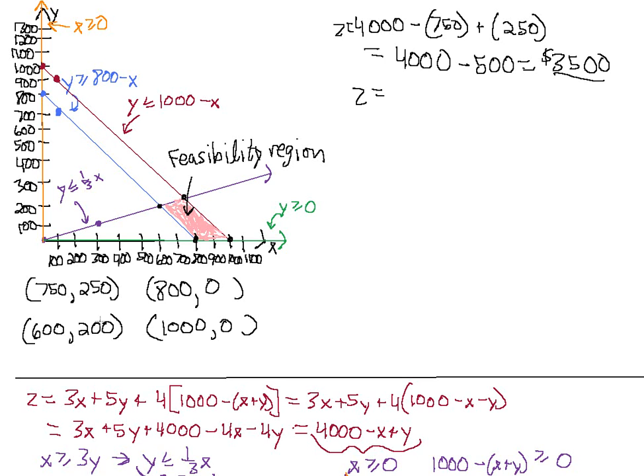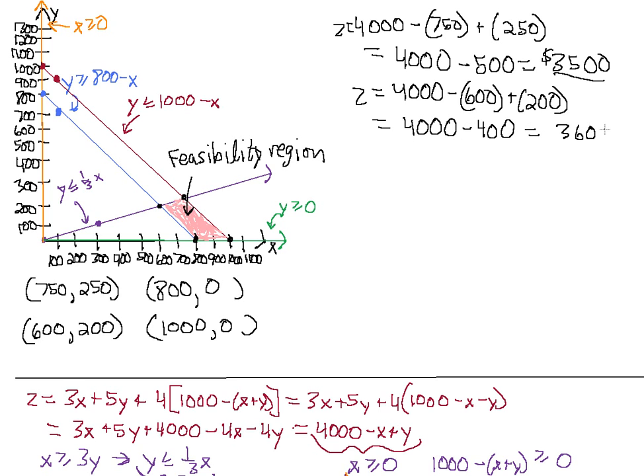So next one we have is 600 and 200. So z equals 4,000 minus 600 for x, and y is 200. Let's go ahead and see what this gives us. So we have 4,000 minus 400, and that gives us 3,600. So we make $100 more profit when we use these two values for our x and y.